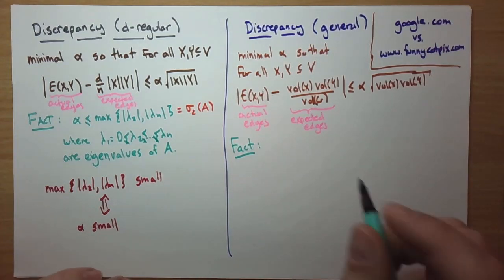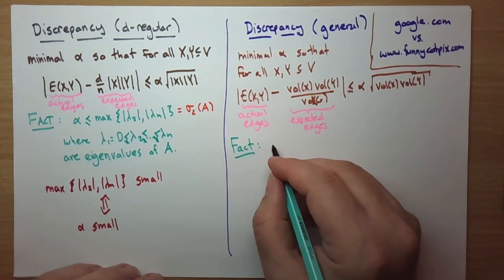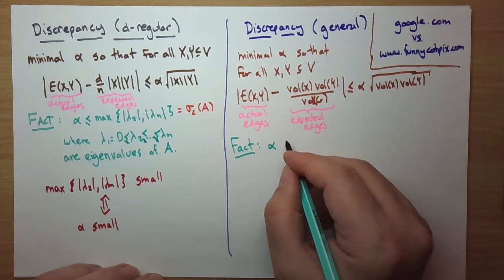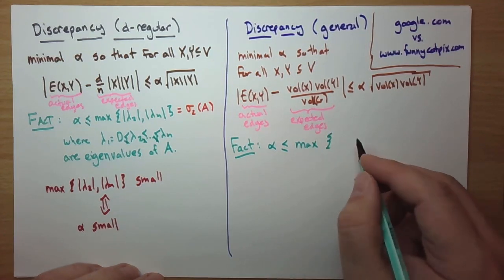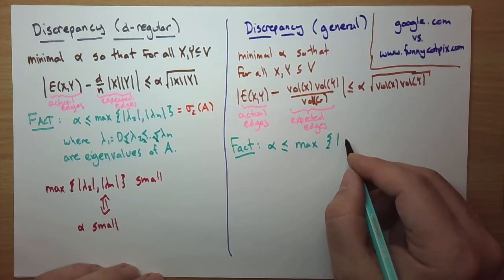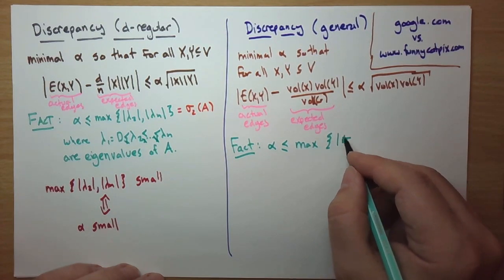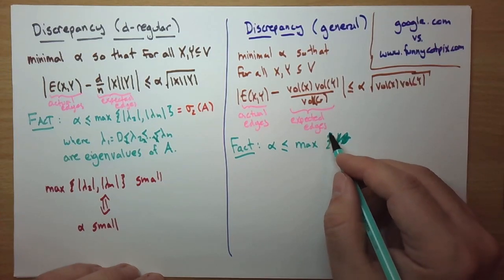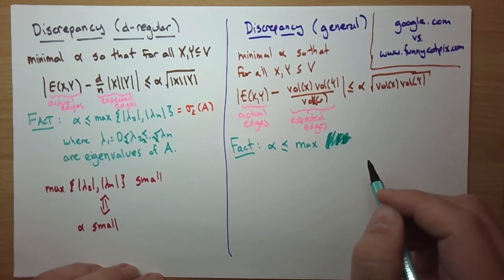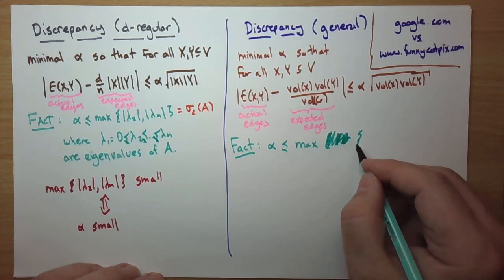All right, so alpha is less than or equal to the max of, and okay, we'll choose, wait, no, I've already used sigma in a different way. What's a good Greek letter we haven't used yet? Theta. Ah, that's a great Greek letter.